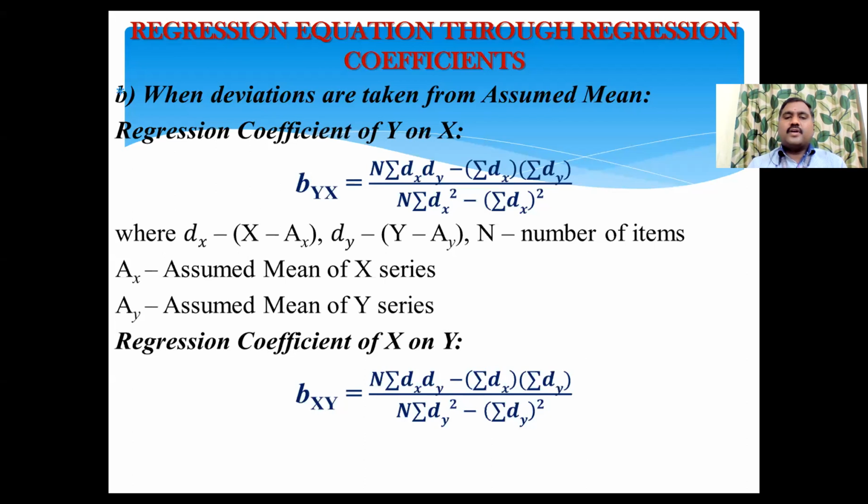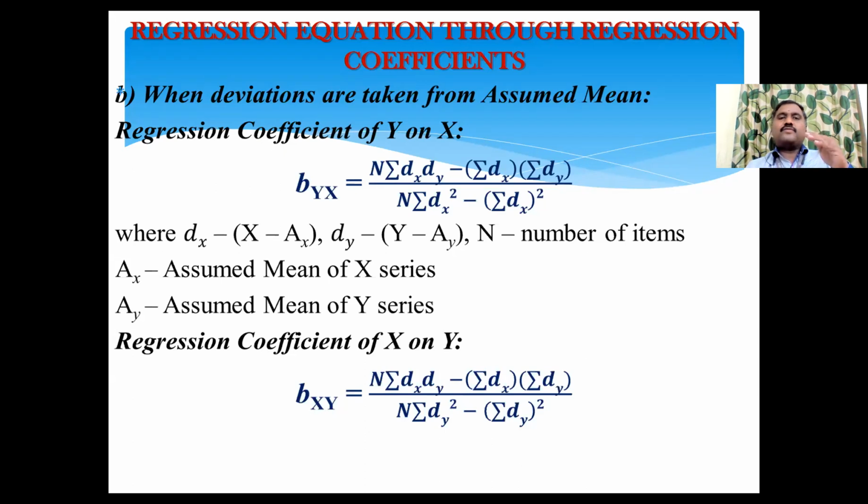Now this is the first formula. Regression coefficient of y on x: b of yx equals n into summation dx dy minus summation dx into summation dy, divided by n into summation dx square minus summation dx the whole square.